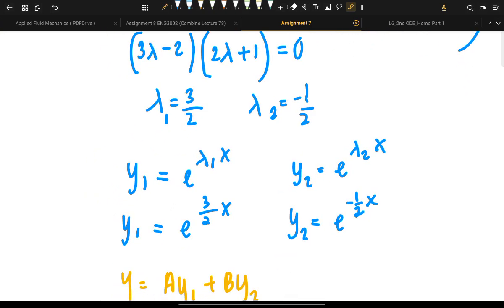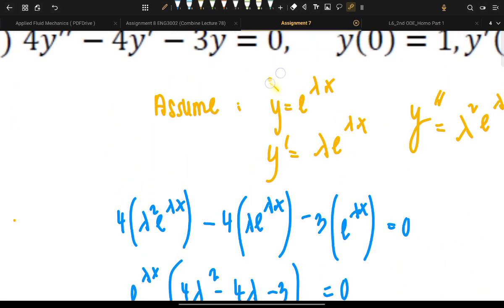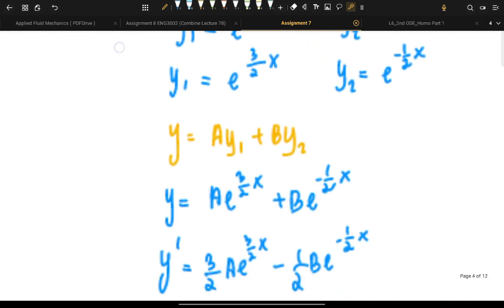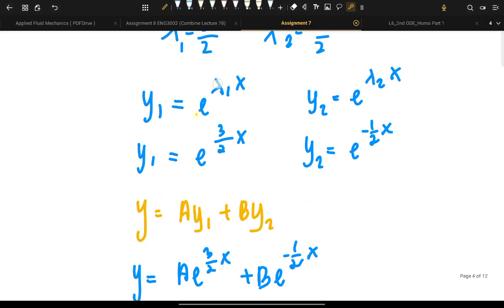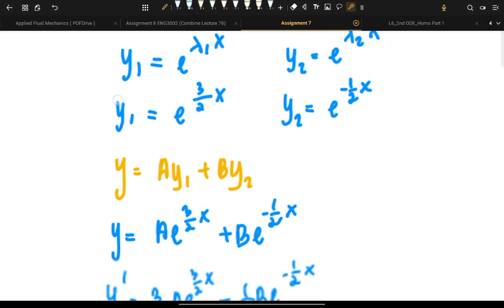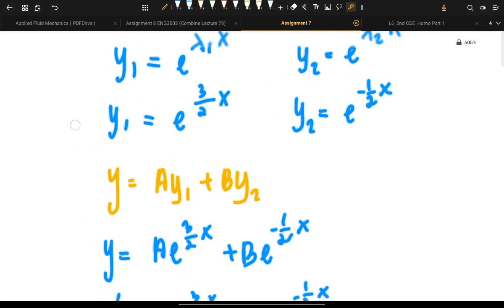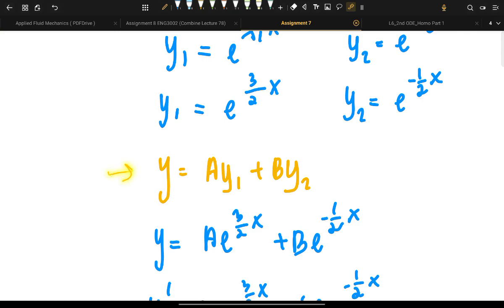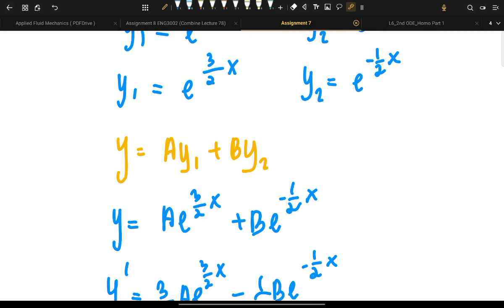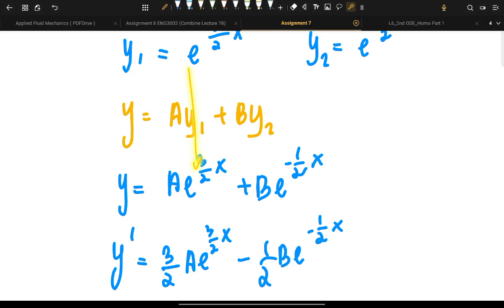Since we assumed y equals e to the power of lambda x, we know that y1 equals e to the lambda 1 x and y2 equals e to the lambda 2 x. Then you substitute, and plug them in to get the general solution, which is y equals a y1 plus b y2.